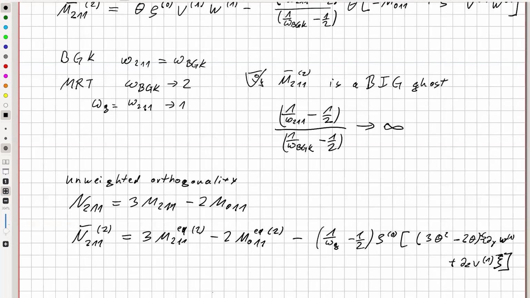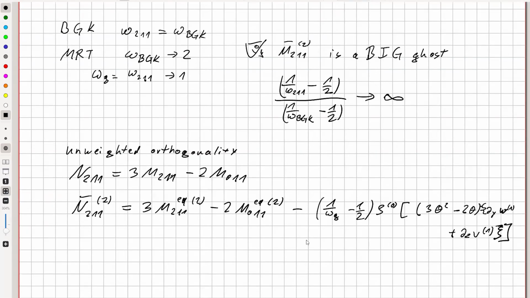So this happens if you use the asymptotic analysis to combine these two moments and then relax it. And now you do again the same thing as before.